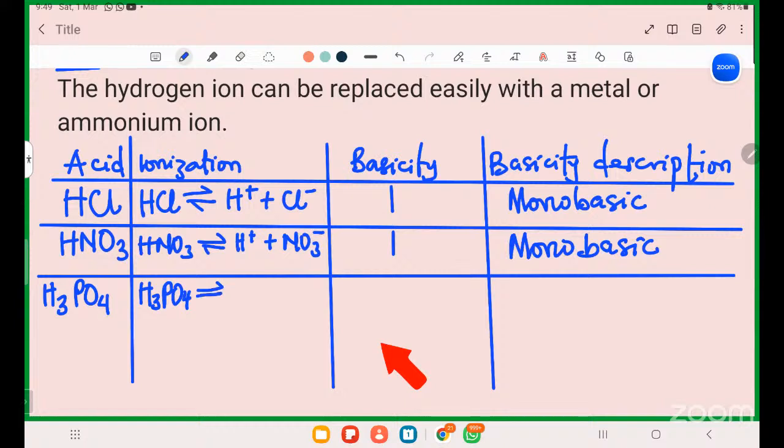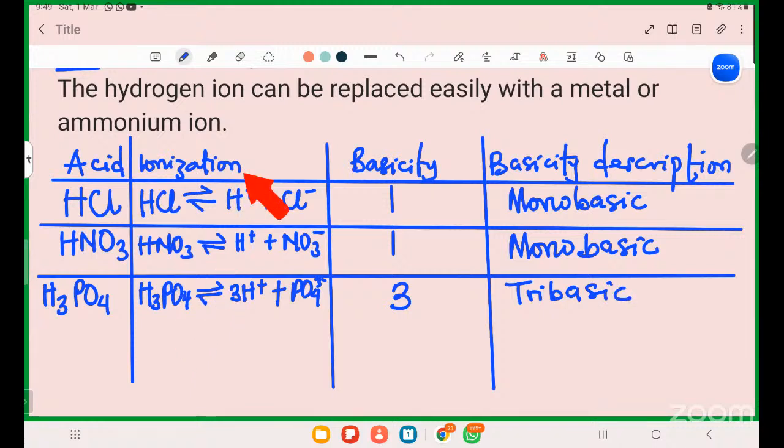It ionizes to give you 3H positive plus PO4 3 minus. So the number of replaceable hydrogen ions there is 3. You say the basicity is 3 because it has 3 hydrogens, and the remark is that it is tribasic.